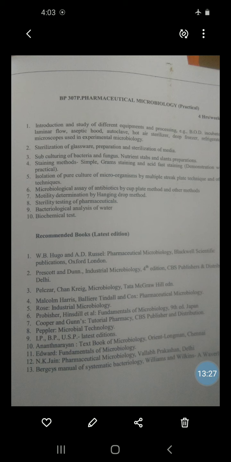And if the slide shows blue colored cocci arranged in clusters, then it confirms Staphylococci. This is all about the acid fast staining method.